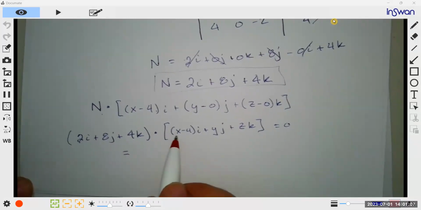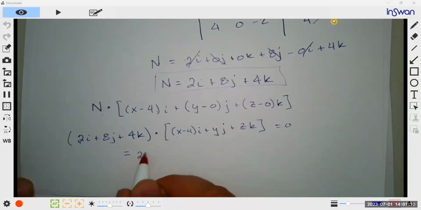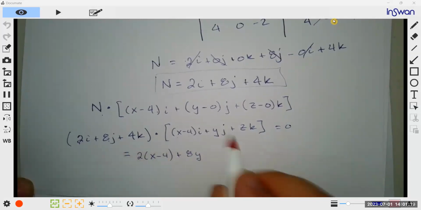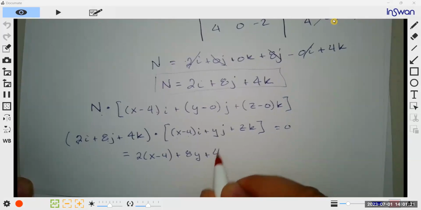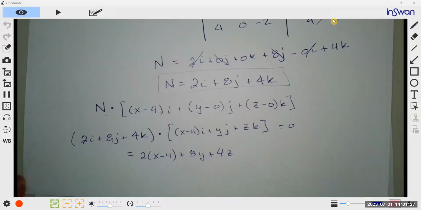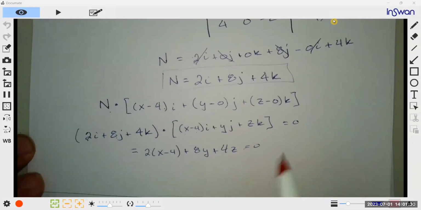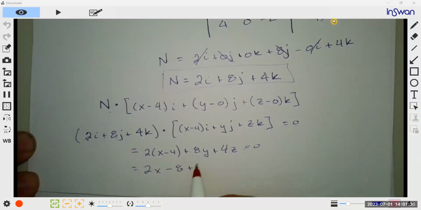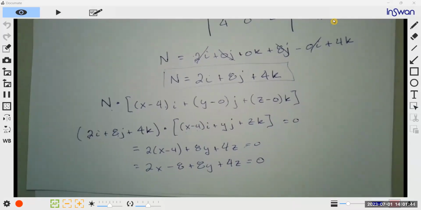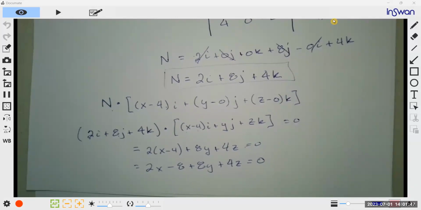So 2 times x minus 4 plus 8 times y plus 4 times z. So we get 2x minus 8, 8y, 4z. Now, remember, our first bound of integration is z, so we have to solve for z.